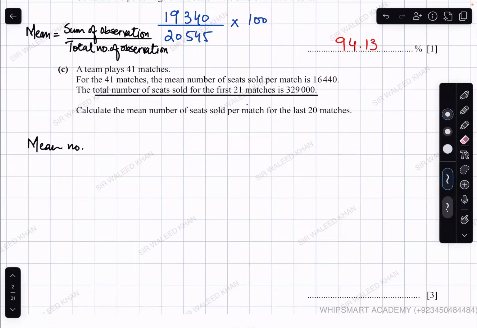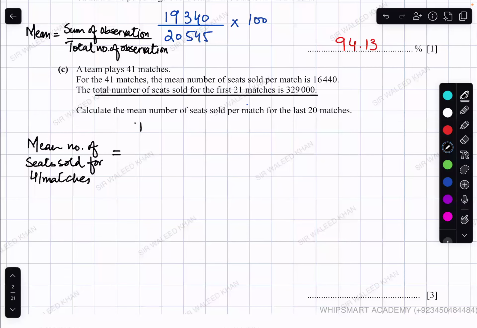So mean number of, I'm just going to rewrite the same formula, but in relation to this question. So mean number of seats sold for 41 matches. You don't have to write in such detail, but I'm just writing so that you can understand.